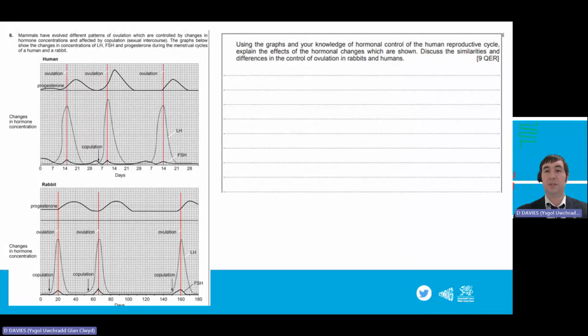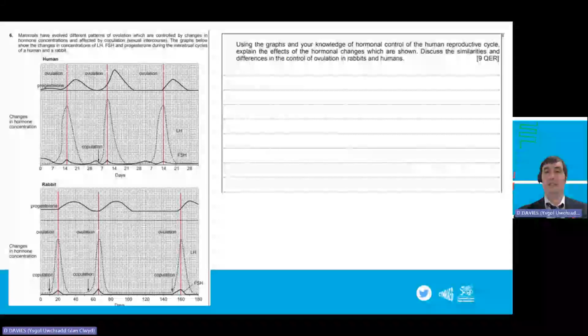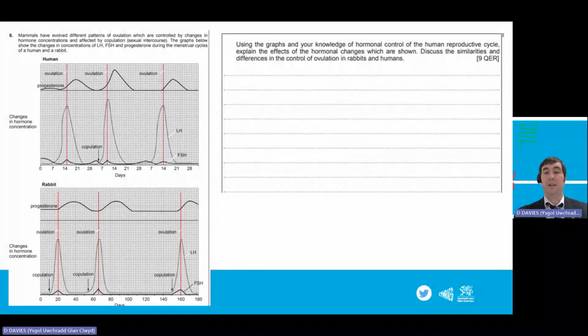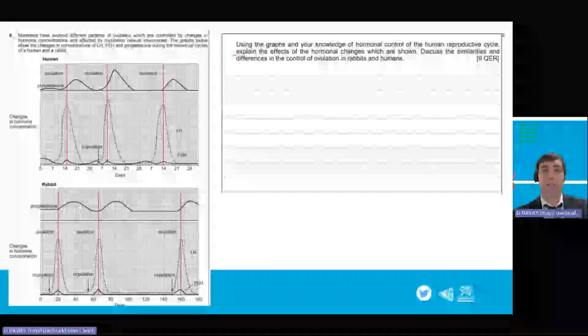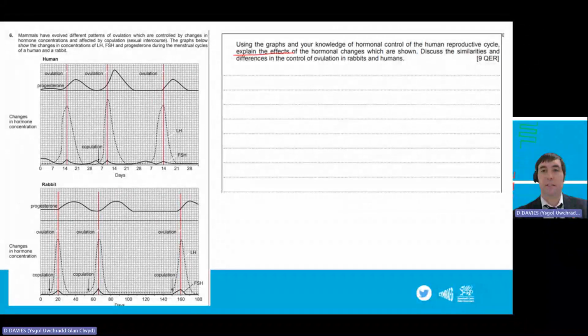Okay, so using the graphs and your knowledge of hormonal control of the human reproductive cycle, explain the effects of hormonal changes which are shown, discuss the similarities and differences in the control of ovulation in rabbits and humans. Right, lots of students will quite merrily waffle away for about a page here, okay? Right, but this question is not a waffly question. Basically, the question is asking this.